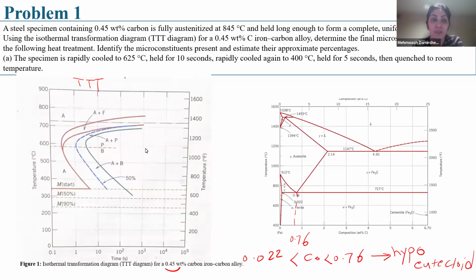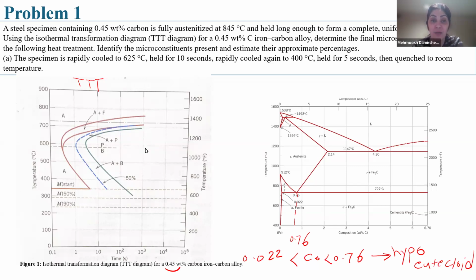Using the isothermal transformation diagram, or TTT diagram, for a 0.45 weight percent carbon iron-carbon alloy, determine the final microstructures produced by the following heat treatment.